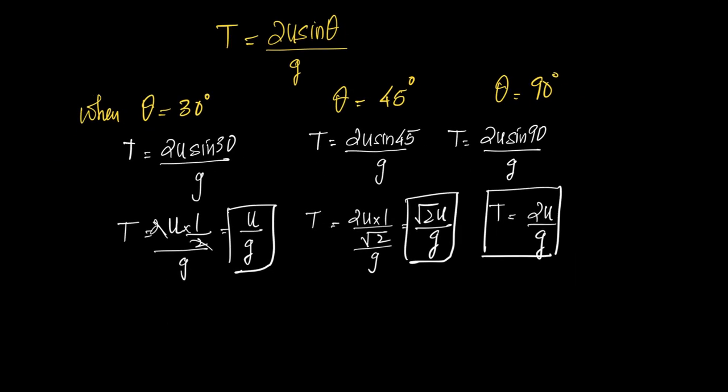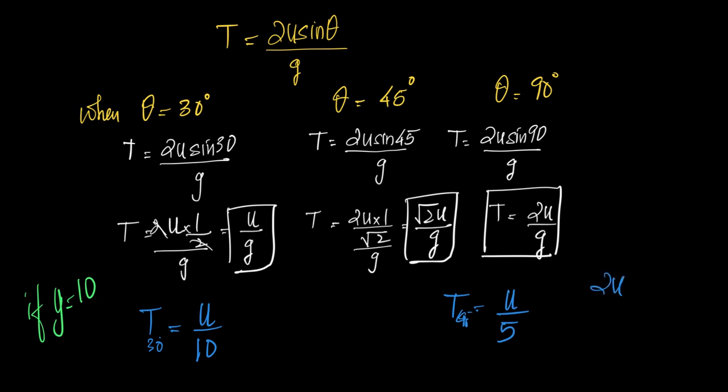And for ease of calculation, if g is assumed to be 10 meter per second square, then we can assume that T is equal to u by 10 at 30 degree, and at 90 degree it is u by 5.